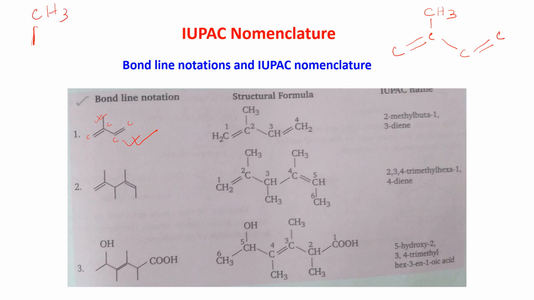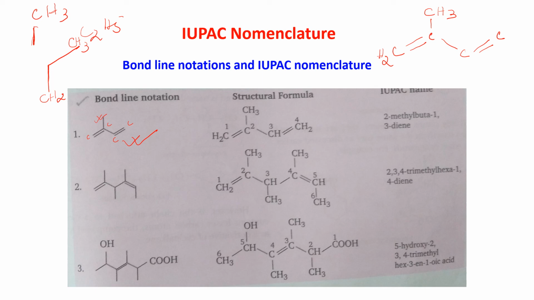Now if you want to write C2H5 in bond line notation, it will be like this. That means CH2 and this is CH3. Okay, I'll show it to you. Now just put the hydrogens. Here the carbon is having 2 valencies, so it will be CH2.